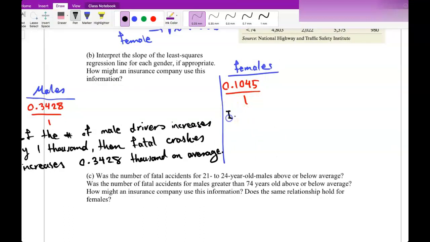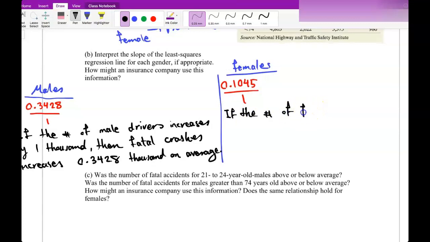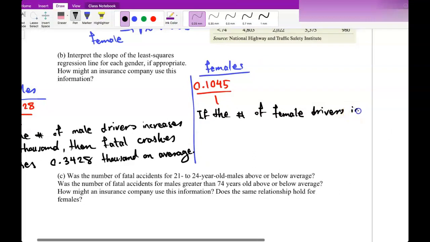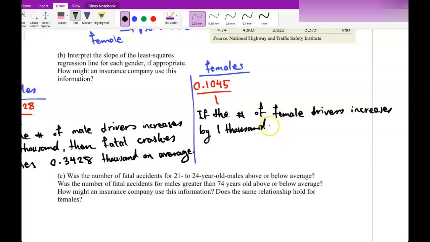So if the number of female drivers increases by 1,000, then crashes increase, what we have on top is 0.1045 thousand on average.